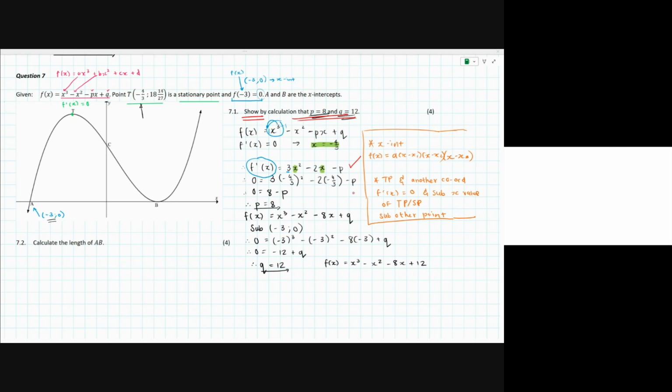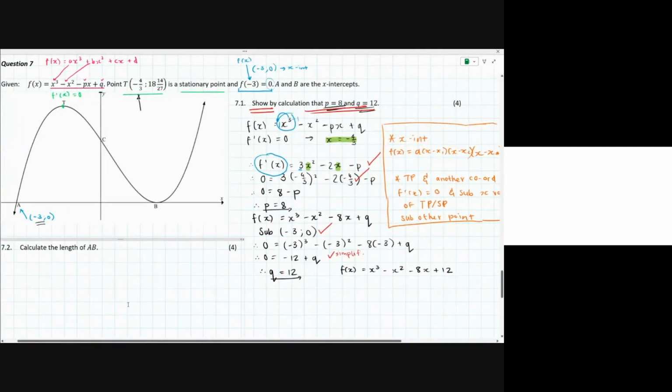So you get a mark for finding the first derivative, a mark for substituting in the x coordinate of your stationary point, a mark for substituting in the other coordinate, in this case the x-intercept, and then a mark somewhere for some sort of simplification step. Generally in questions where we say show that or prove that, we give you marks for your ability to simplify. Okay, Lorato?